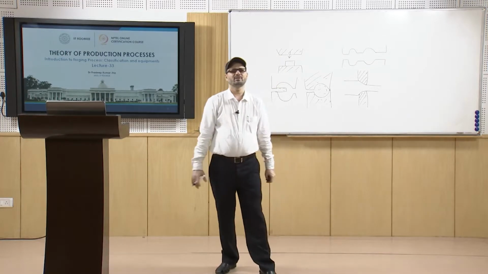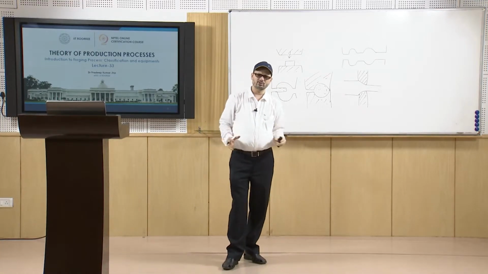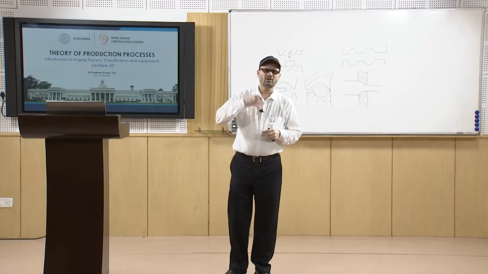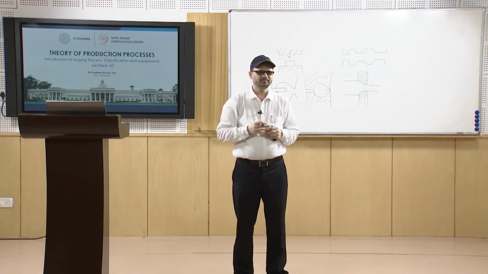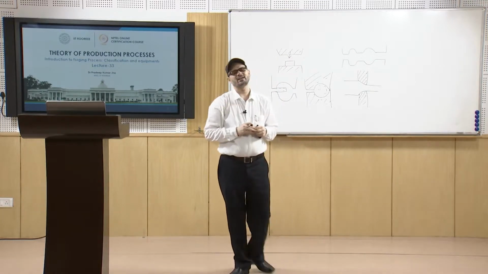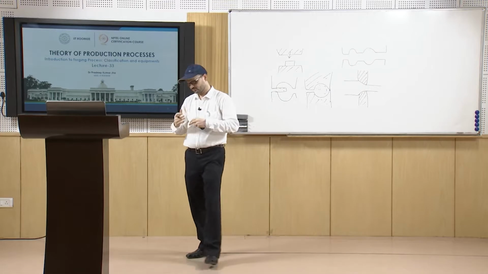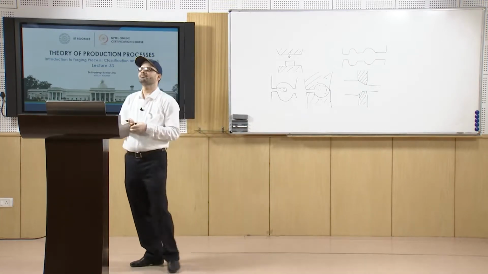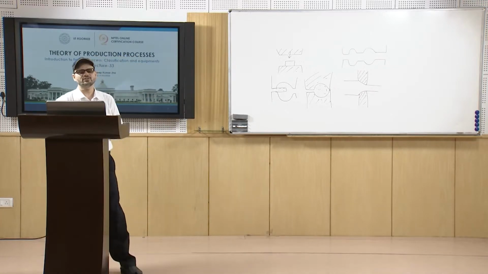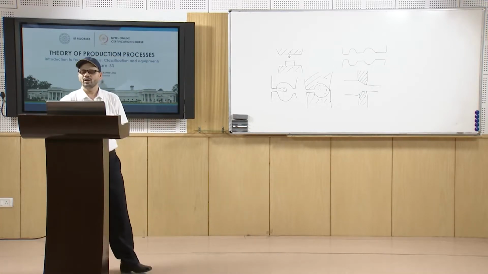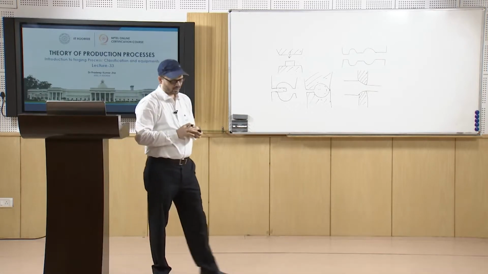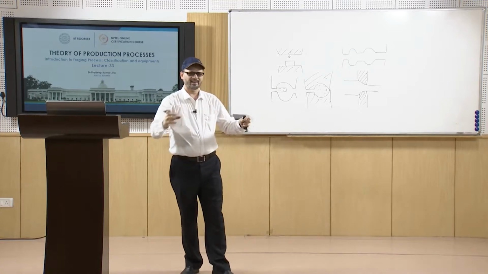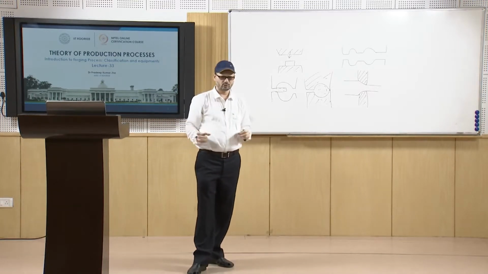In closed die forging, you have successive operations to be carried out to reach the final shape. Initially you have the operations like fullering, edging, bending, blocking, and then finishing. In closed die forging, the first operation is fullering, which increases the length and reduces the cross section at those places.